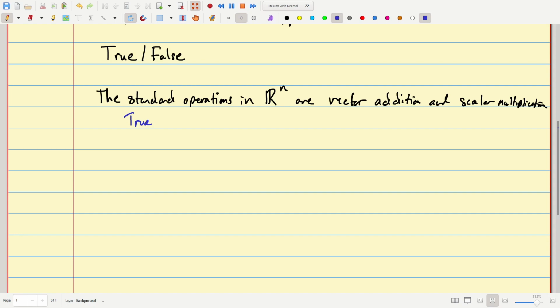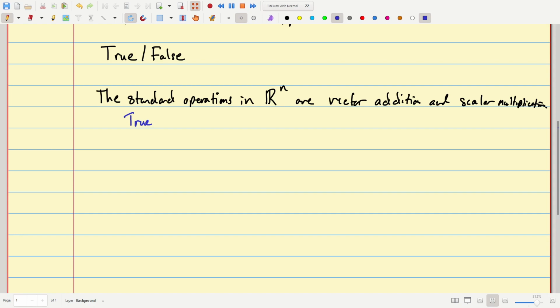Okay. And the whole point is when we have a vector space, we need to have the operation of vector addition and the operation of scalar multiplication in order to define how a vector space works, right?